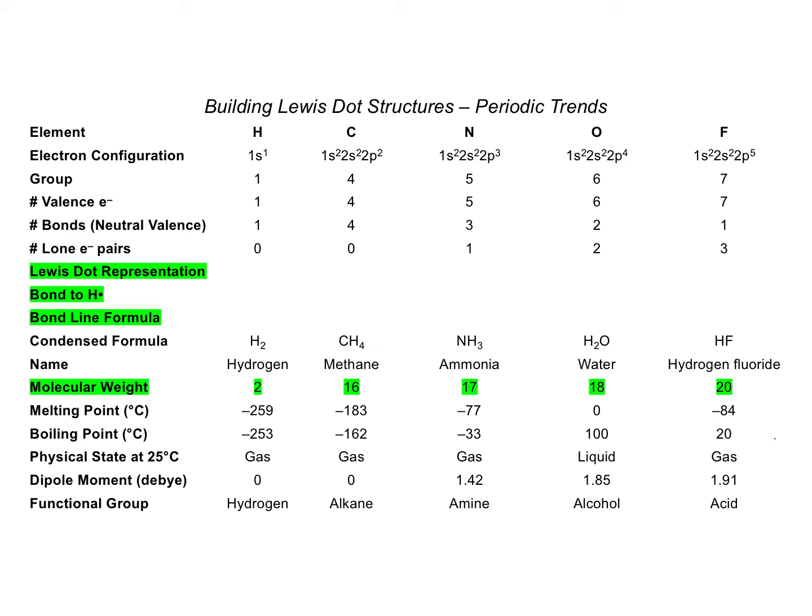In H2, obviously there's two hydrogens, so each hydrogen atom supplies one valence electron. So we have H dot bonding with H dot. So those two come together to form the molecule, and then we can represent that as H with a single bond between them.